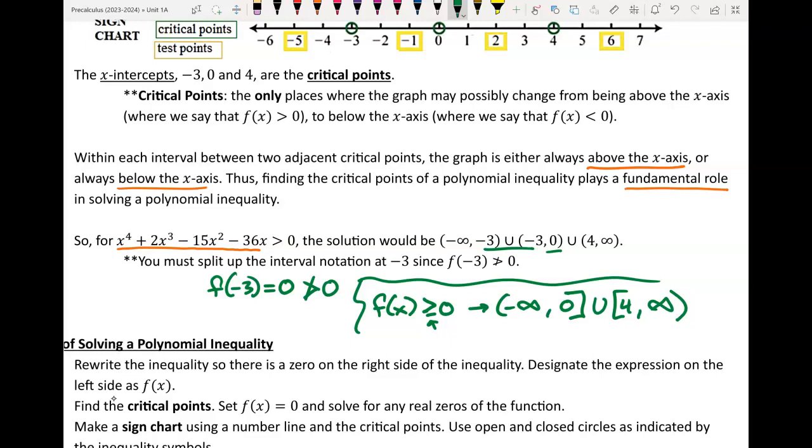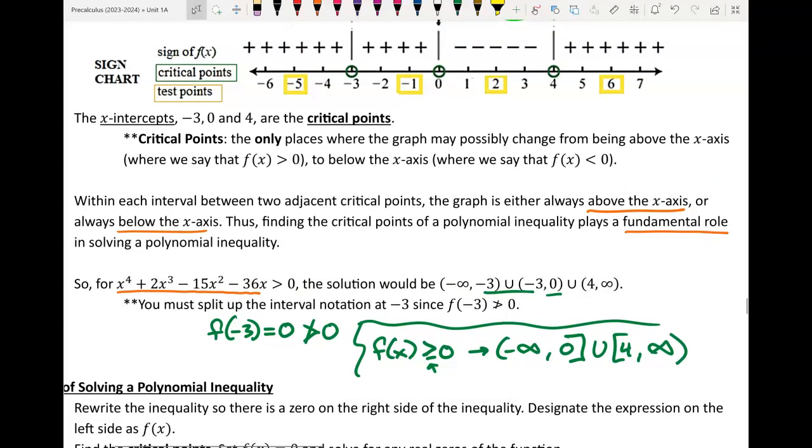And so we include those endpoints. And again, when we do our sign chart, we can use, as I showed right here, open circles or closed circles as appropriate.